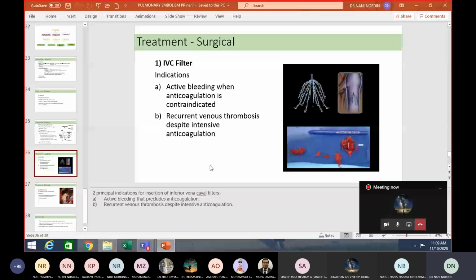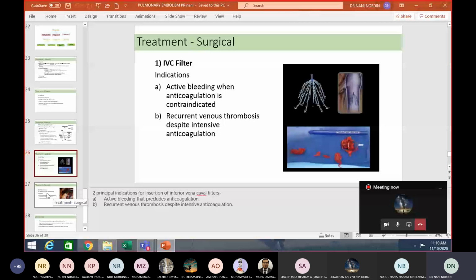So that means a patient who you cannot give anticoagulation, or if anticoagulation doesn't work, you can think of an IVC filter. It will be there and trap all the thrombi. I'm not really sure how commonly we utilize this method.